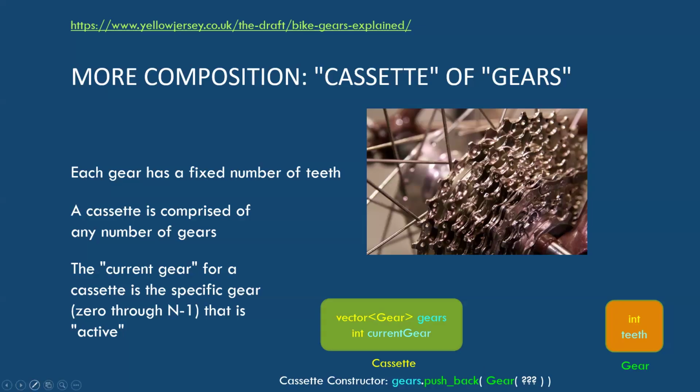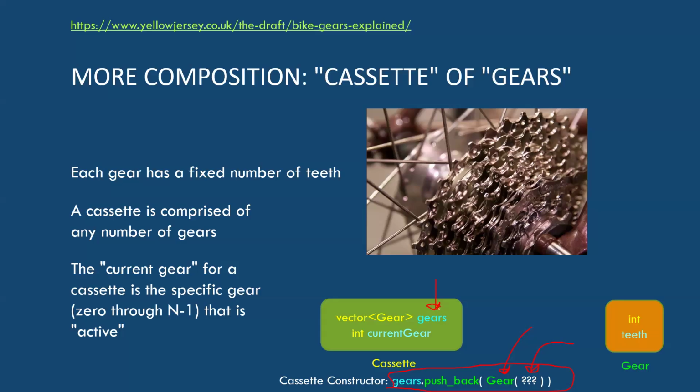I'm just going to call the gear constructor directly. That's the name of the constructor, and I have to tell it how many teeth it has. So every time I do a push back, I am constructing a gear on the fly and just chucking it into the gears vector. Not a pointer, it's an actual instance of the class.